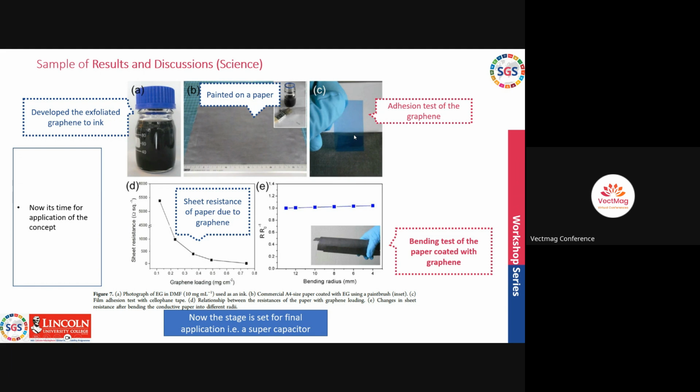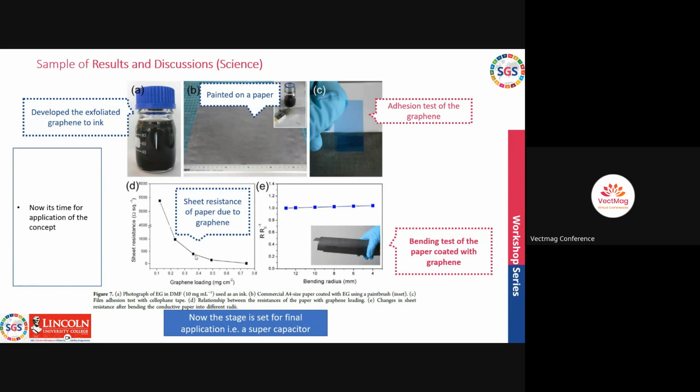And now they measured the resistance of the paper due to graphene. As you keep on increasing the concentration of graphene, you can see that the sheet resistance is coming down. That means it is becoming much more conductive than what it initially was.